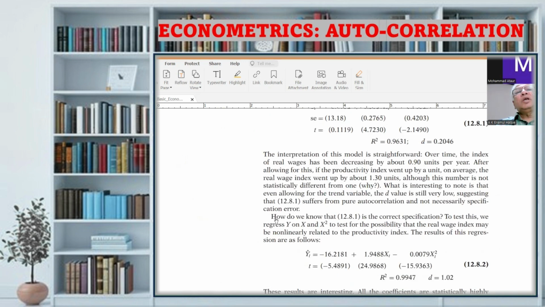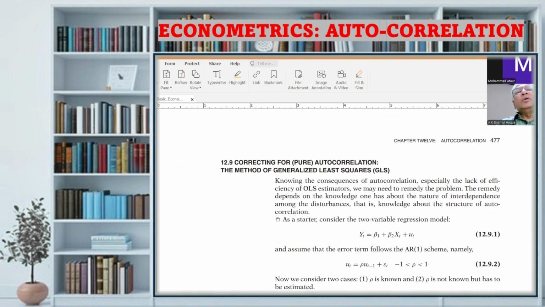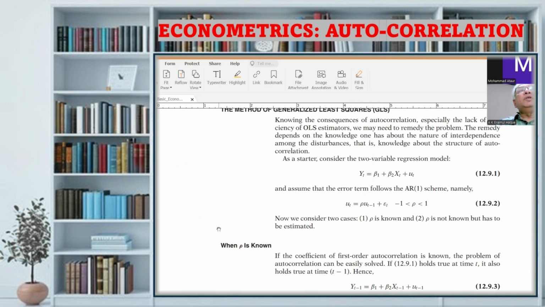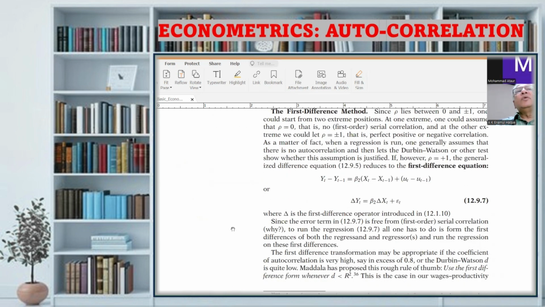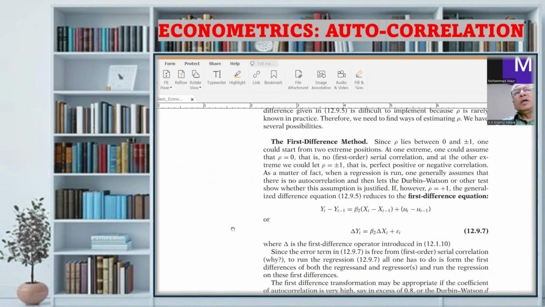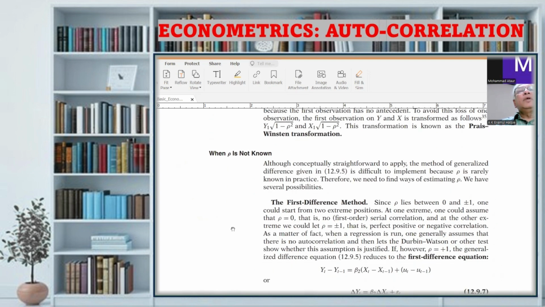Then the next logical question is: I know from my data, using the BPG test or something, that I have tested it. How do I solve it? What is my solution? Let me start with this first logic. My model was Y equals alpha plus beta xt plus epsilon t.